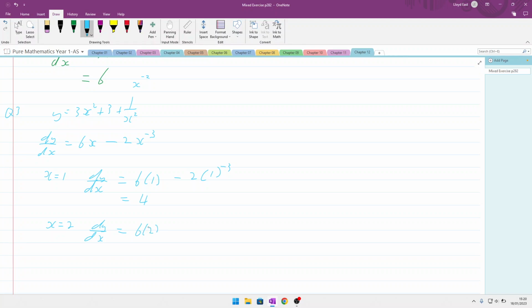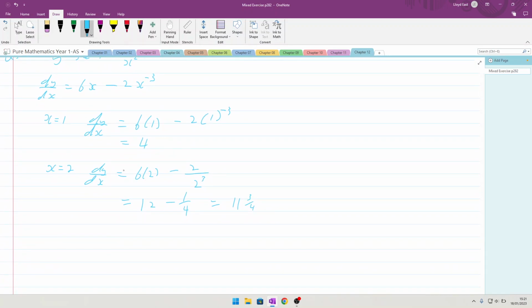Okay. And then we get minus 2 over what would be 2 cubed. Okay, so we end up with 12 minus, what do we have? 2 over 8, 1 over 4, minus a quarter, so we must be on 11 and 3/4.